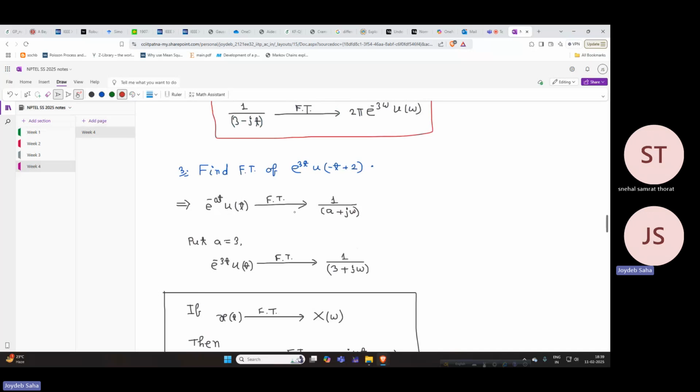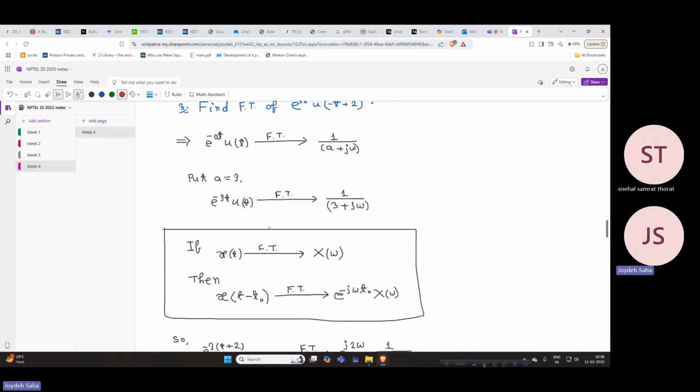So this was the question: find the Fourier transform of e to the power 3t into u of (minus t plus 2). And we are finding the answer step by step, right? Please see the answer.